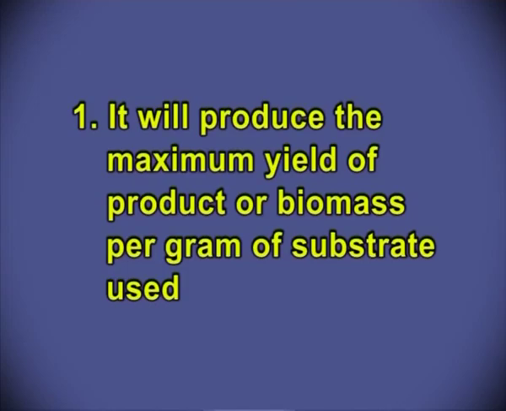On a large scale, one must normally use sources of nutrients to create a medium which will meet as many of the following criteria as possible. It will produce the maximum yield of product or biomass per gram of substrate used.